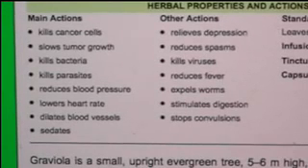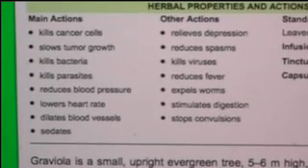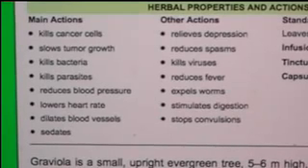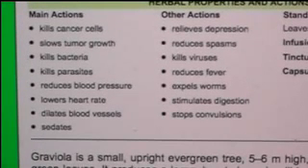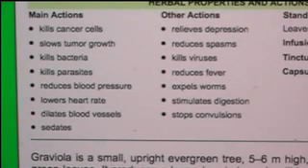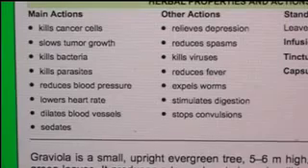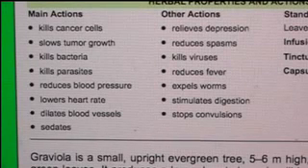Now, if you want to know what benefits you can have naturally from the fruit and the leaves of a tree, have a look with me here. You can see there, it kills cancer cells, slows down tumour growth, kills bacteria, kills parasites, reduces blood pressure, lowers the heart rate, and dilates blood vessels.